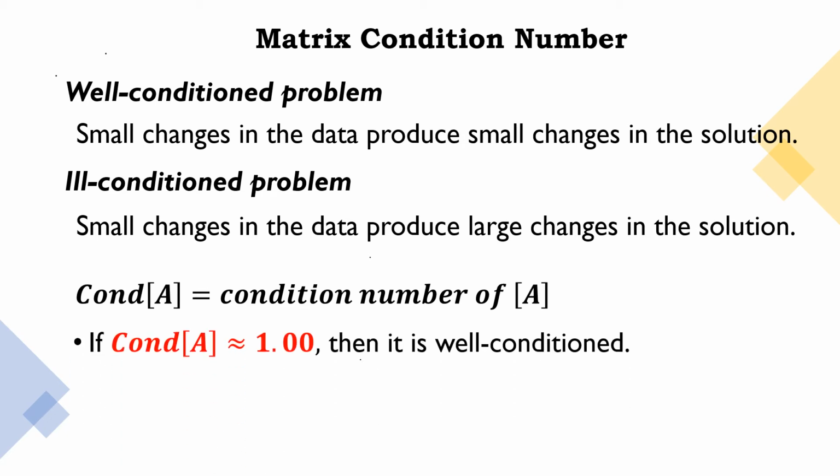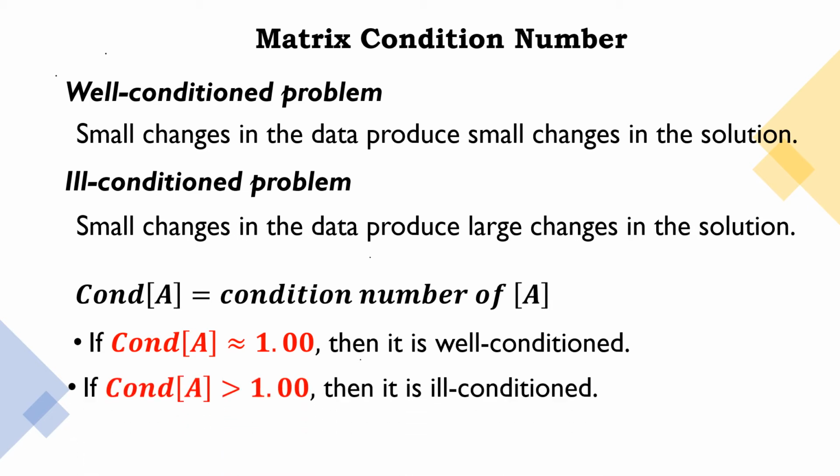If the condition number of matrix A is approximately equal to 1, then it is well-conditioned. You have to remember that part. On the other hand, if the condition number of matrix A is greater than 1, then it is ill-conditioned.